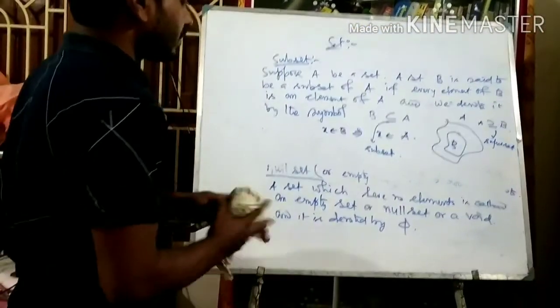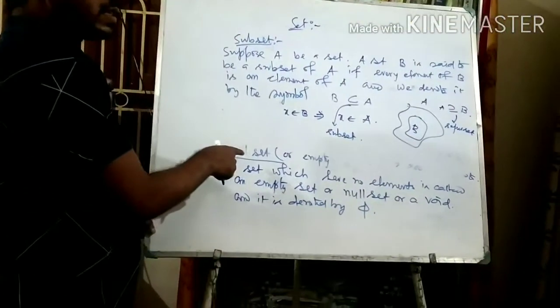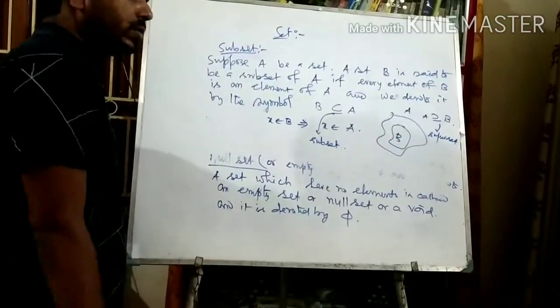Now we have already defined the null set. A null set is nothing but a set which contains no element.